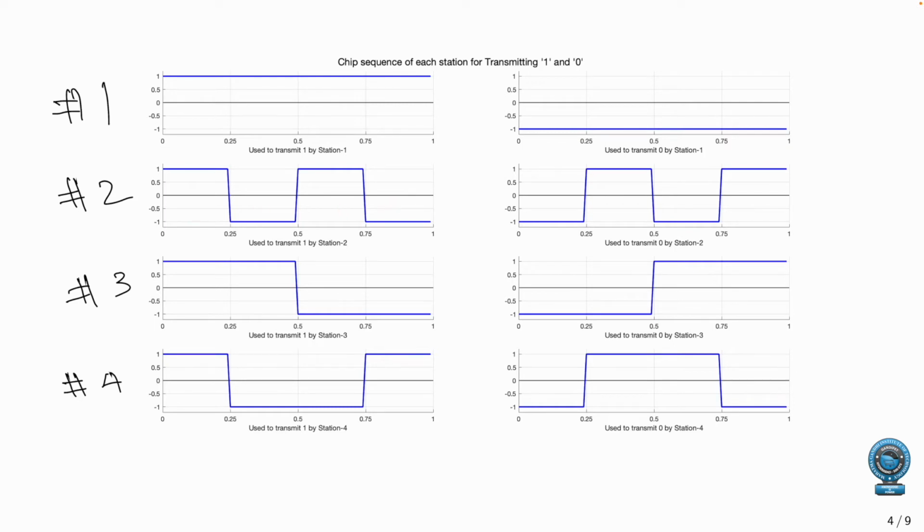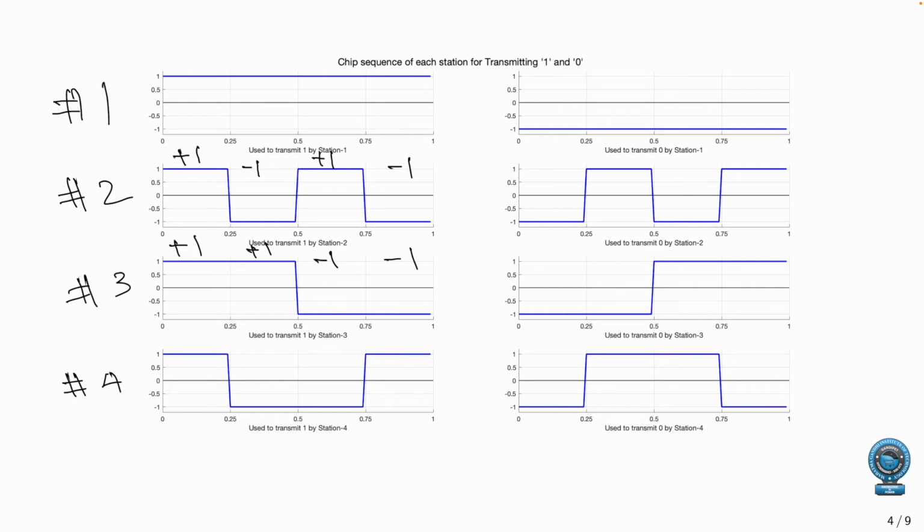4 chips are there, and it is saying if we want to represent this chip sequence in numbers, it is basically saying use chips as +1, -1, +1, and -1. And for station 2, CDMA is saying use chips +1, then +1, -1, -1.